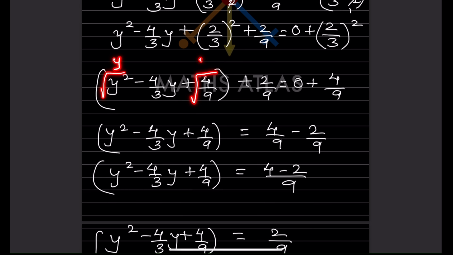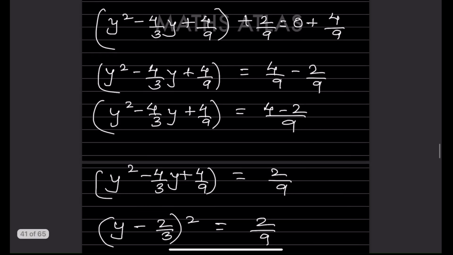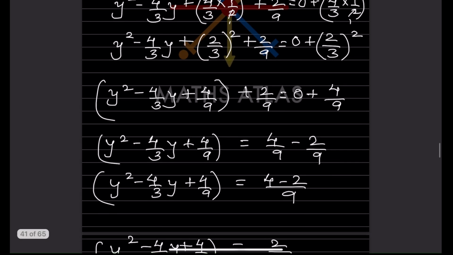So now again when you take the square root, that is going to be y, and this is going to be 2 by... here again, let us keep this as it is. We can do one thing over here. This is 4 by 9.